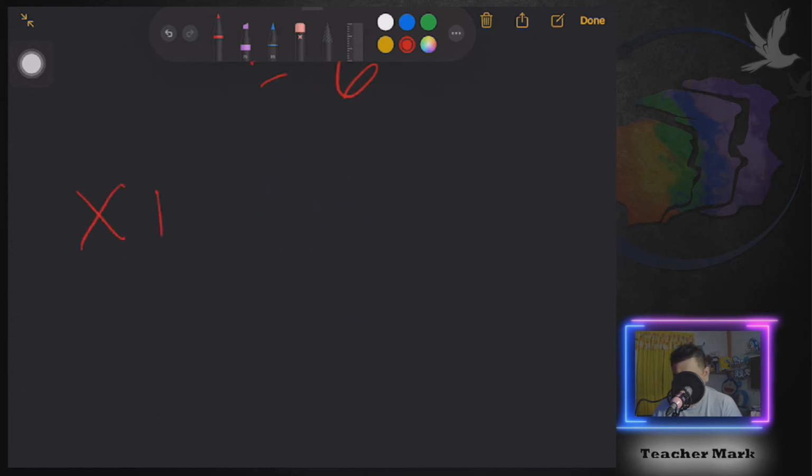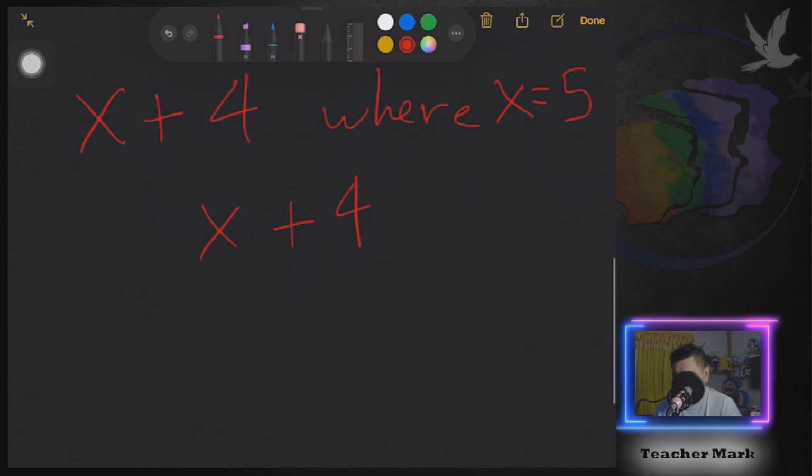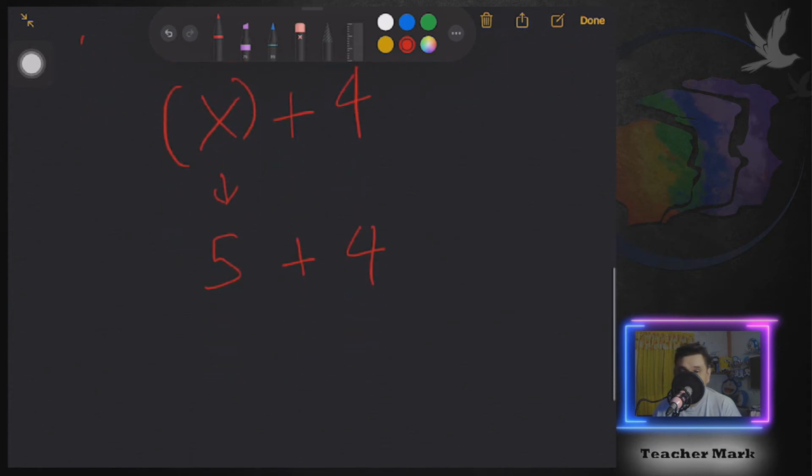Let's say we have x plus 4, where x equals 5. Then again, all you have to do is just substitute the value of x to 5. We're rewriting the expression, x plus 4, where x will now be changed to 5, which now gives us 5 plus 4, with a final answer of 9. Okay, that is what you mean by substitution.